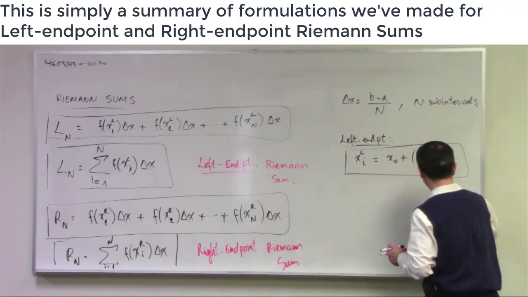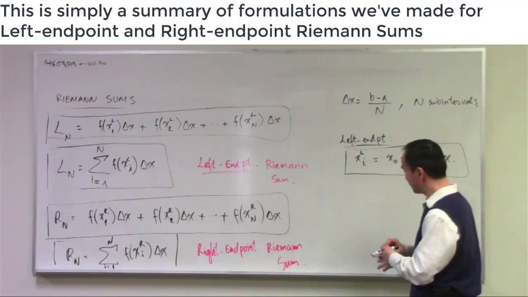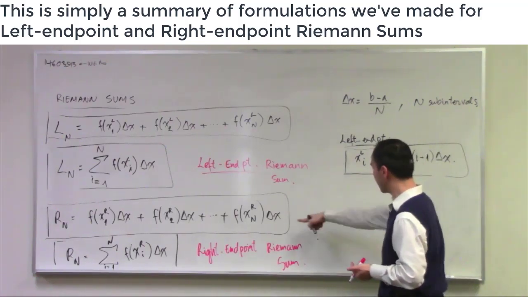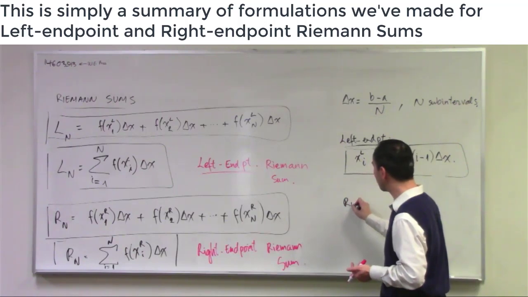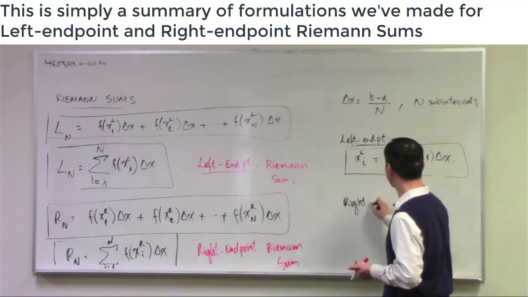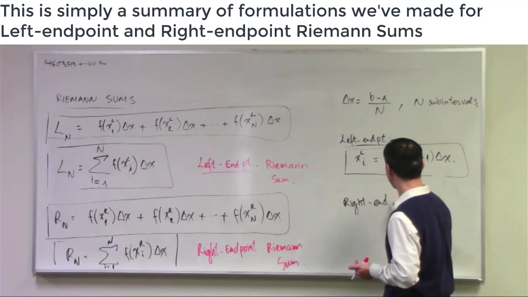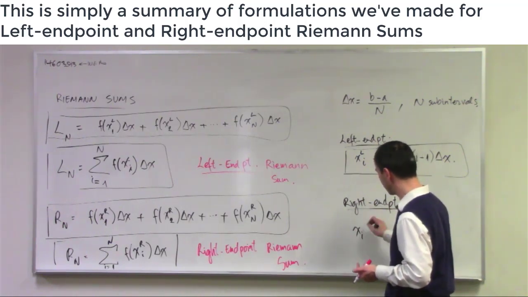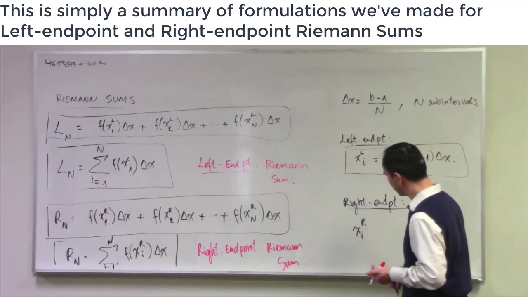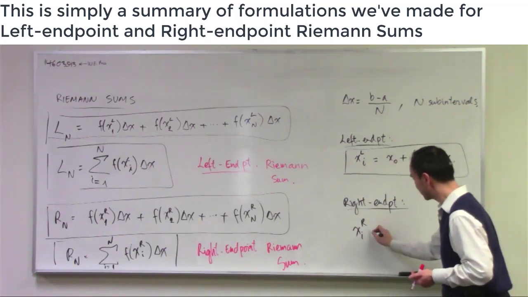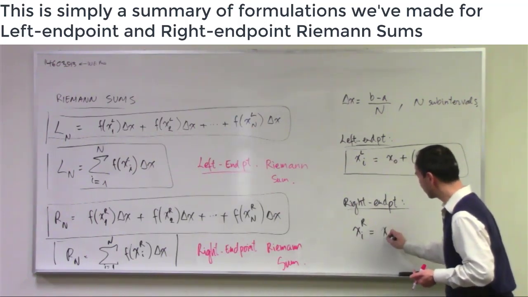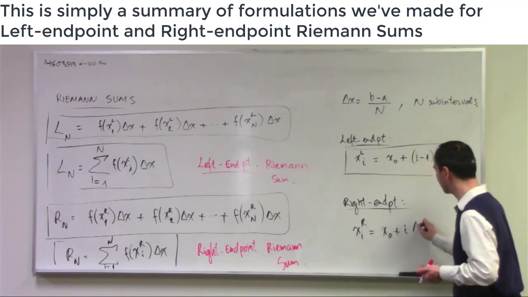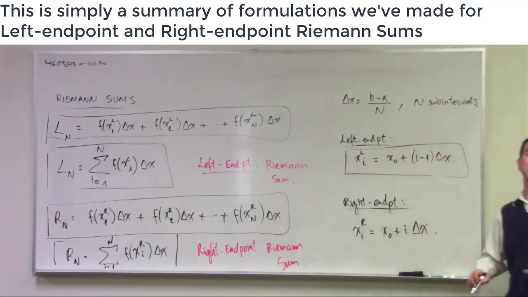And we've come to that general regulation that for right hand points, using the right hand point sum, each right hand point on each subinterval, the right hand point on the I interval, is going to be x sub 0 plus I times delta x.